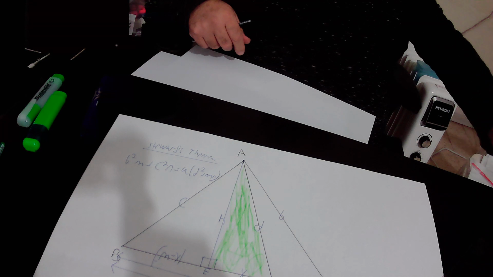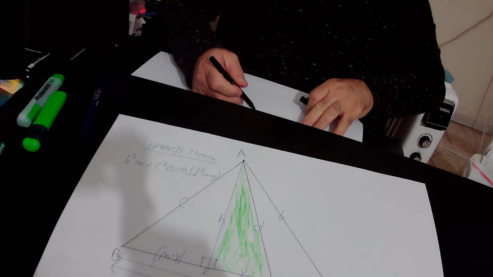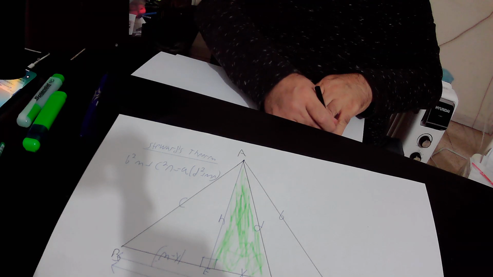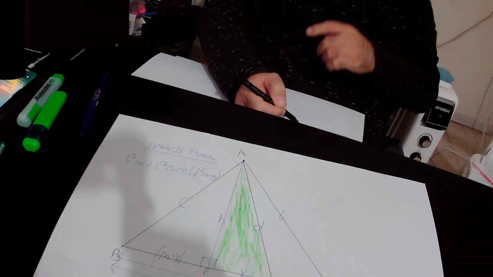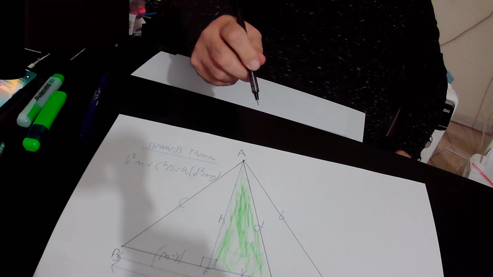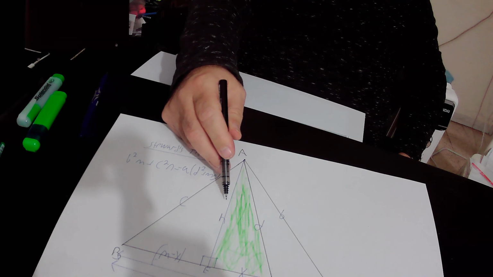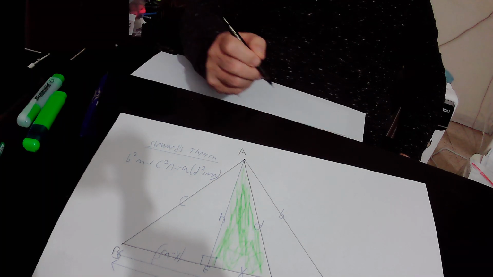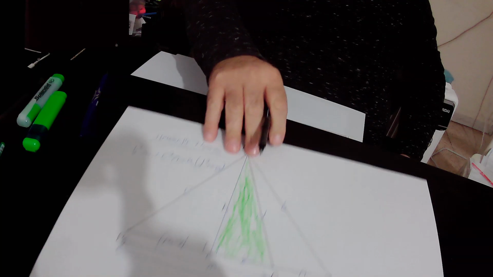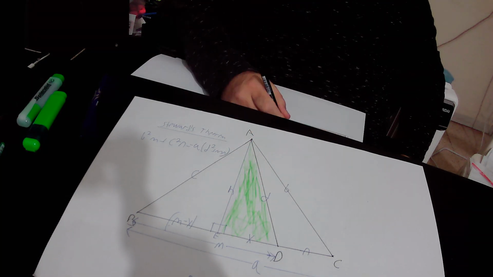The hypotenuse AD equals D units in length. Therefore, the square of the hypotenuse is D squared, and it is equal to AE squared. AE equals H according to our definition, therefore AE squared is H squared, plus ED squared. ED equals X according to our definition, therefore ED squared is X squared.